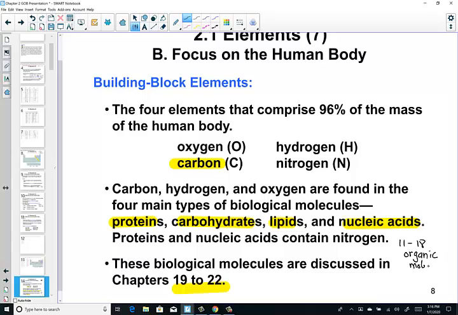We will learn about organic molecules and their functional groups and the reactions they undergo. When we get to 19 to 22, we literally see the syllabus here. We start with proteins, carbohydrates, lipids, and nucleic acids, 19 to 22 in that order. So biological chemistry or biochemistry kind of wraps up our semester together.